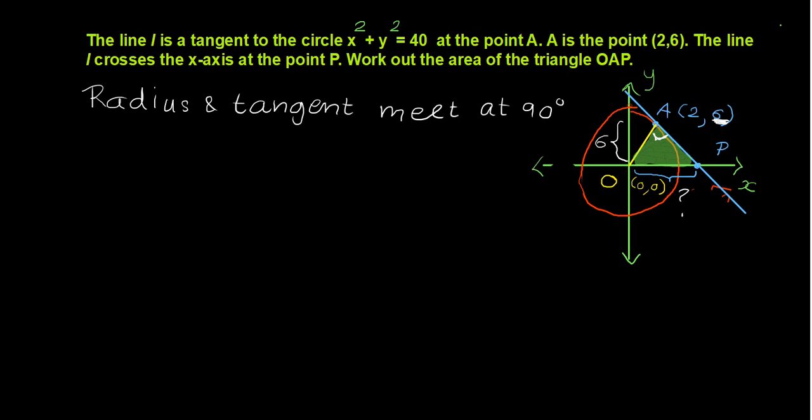Okay, so in order to continue, now if I know this is 90 degrees, I also know that lines that meet at 90 degrees, their two gradients multiply to give you -1. So let's find the gradient of line OA. That's my first step.